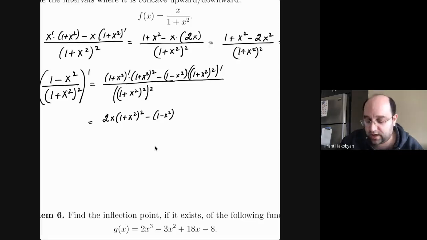Now we have the derivative of this expression here, 1 plus x squared squared. So it's a composite function. Inside I have 1 plus x squared, outside I have x squared. So the whole thing is going to be like the derivative of x squared, so it's going to be 2 times the inside.